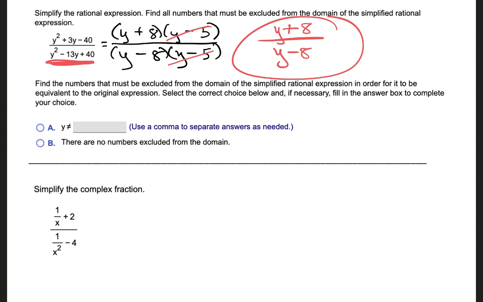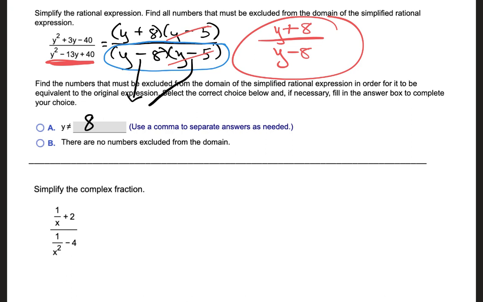So simply, from the original problem, look right here at that denominator. The values that make the denominator 0 must be excluded, even the one that we crossed out. So if you set that equal to 0, you get 8.